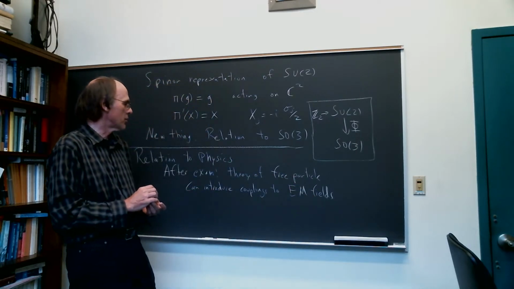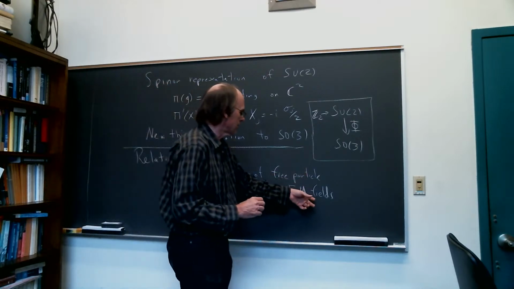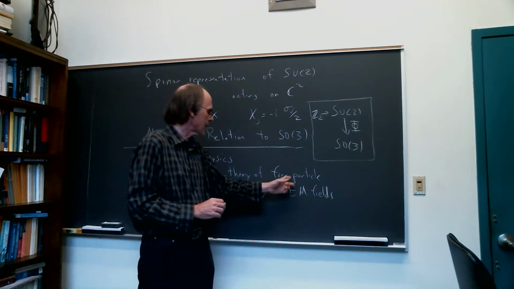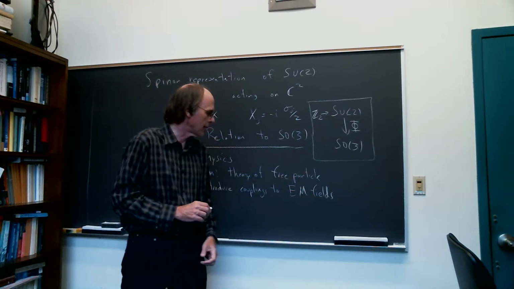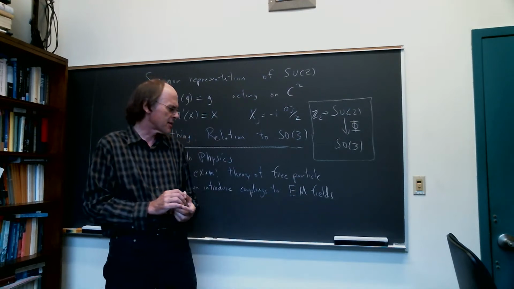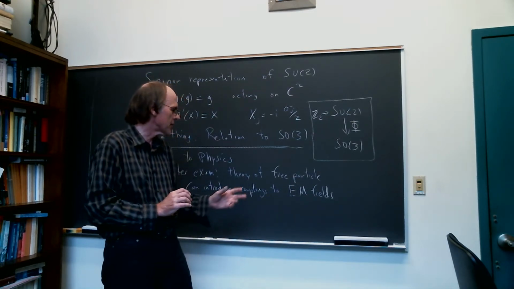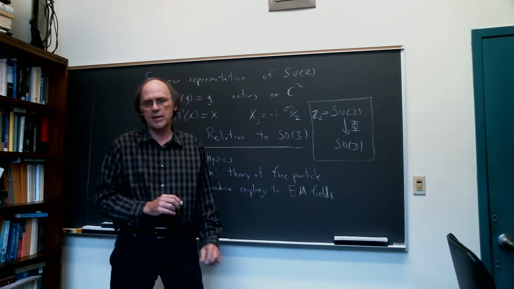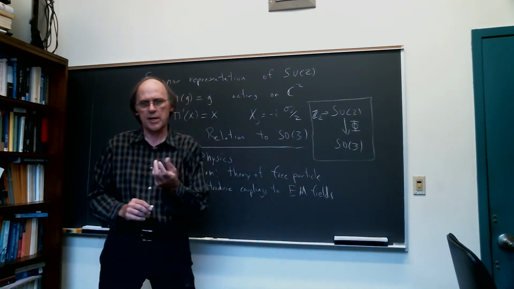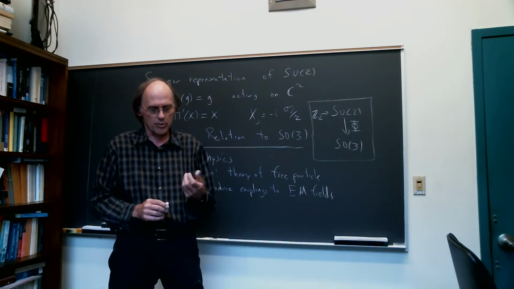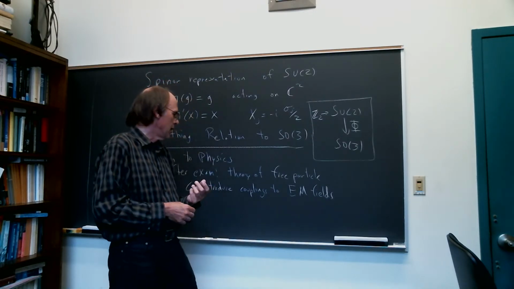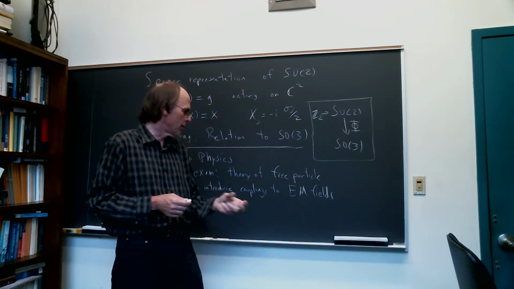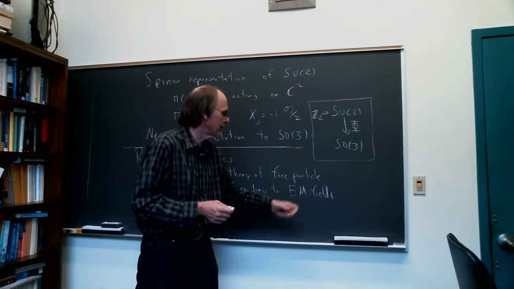Now, this is a story that we'll get to more later, maybe at the beginning of the second part of this class, or I forget actually where I do this. But the simplest version of this, if you have what's called a scalar particle, is particles which are just described at any point by a complex number, and then you can couple them to electromagnetic fields.